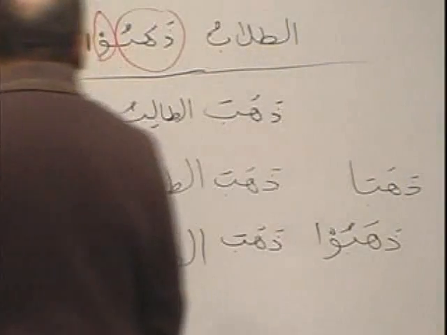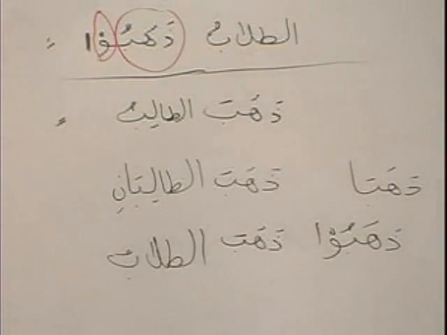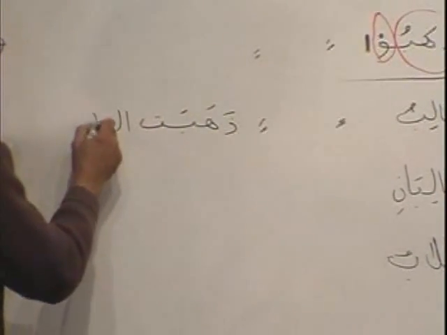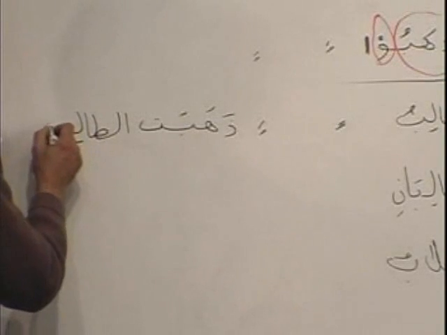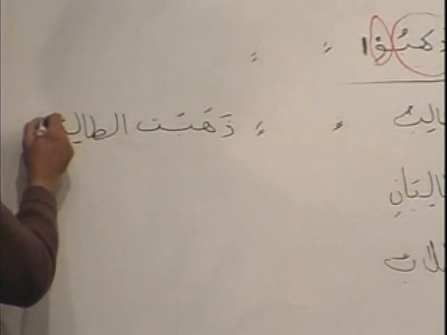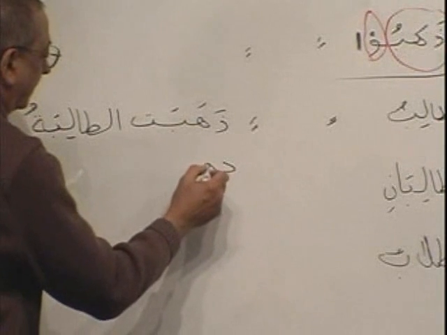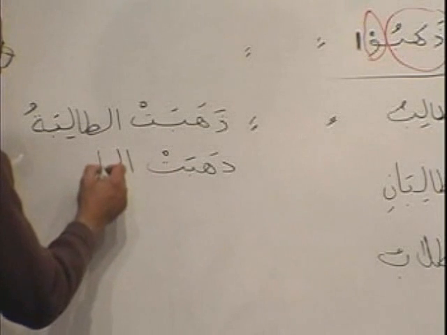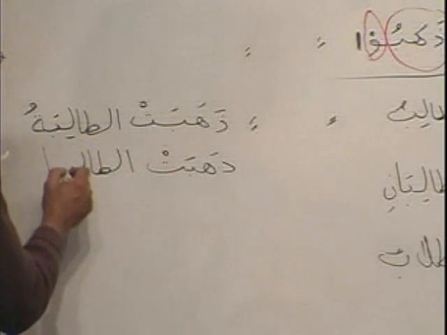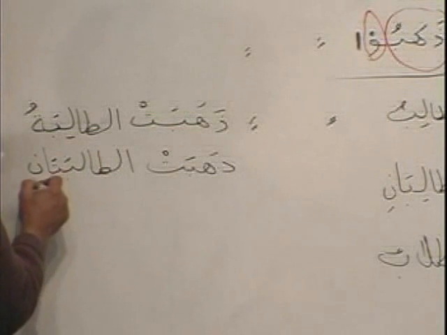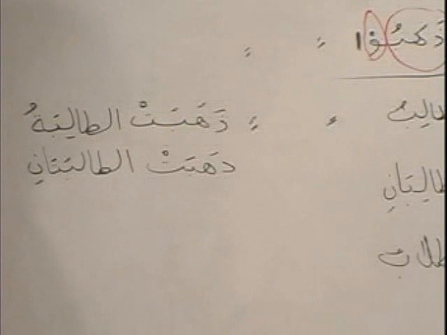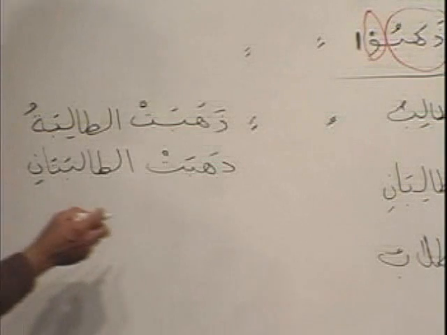Okay, I will say here ذهبت الطالبة, and then I will say ذهبت الطالبتان. Now mind you, you will have to say ذهبت الطالبة. Are you with me? ذهبت الطالبة. You know that, okay?